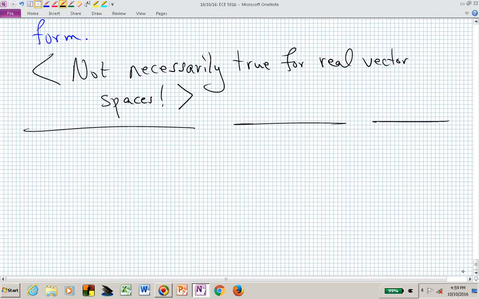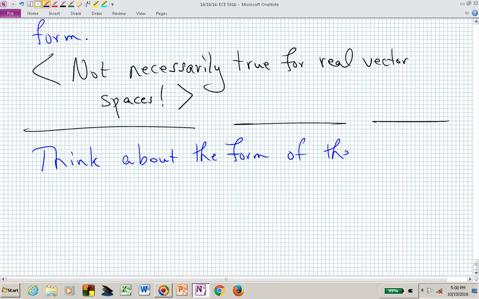And let's just think about what we're now saying in both situations, with a complex vector space and a real vector space. Think about the form of the matrix representation when we're operating over a complex vector space.